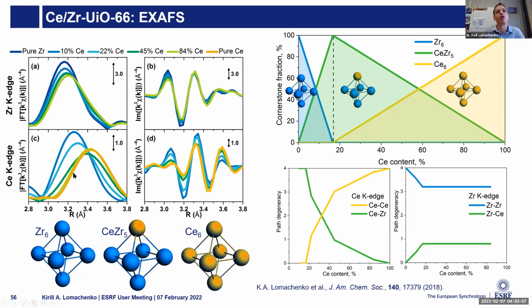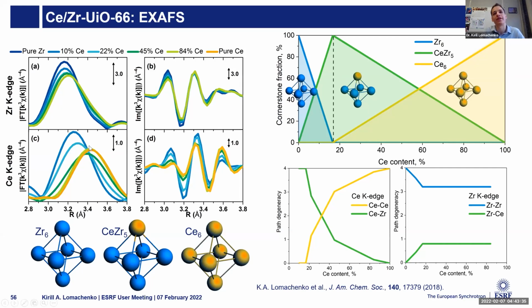It will also get broader at the intermediate concentrations, because you will have roughly the same contribution from cerium-cerium and cerium-zirconium. And it will also get less intense, because these contributions will most probably be out of phase with each other, so the intensity will go down.